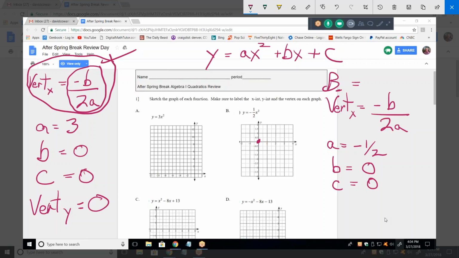So let's pick a simple number for x. 1 or 2. How about 2? 2 is actually a little easier in this case because it gives us some distance between our points. It'll make it a little easier to draw the graph.